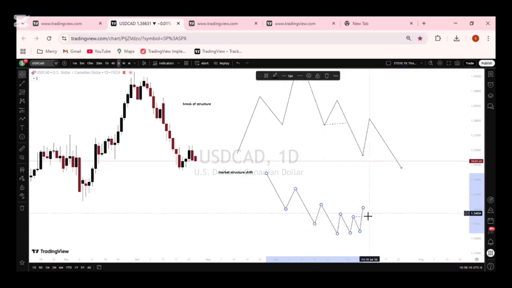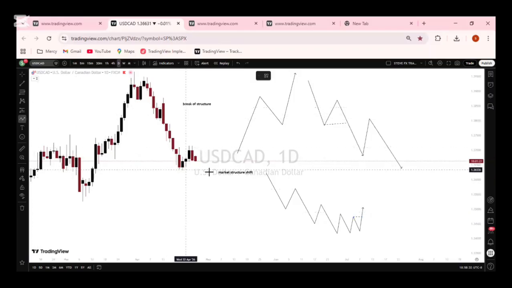But we haven't gotten a confirmation yet that the direction is going to change. So this is an early indication that the direction of the market might want to change.